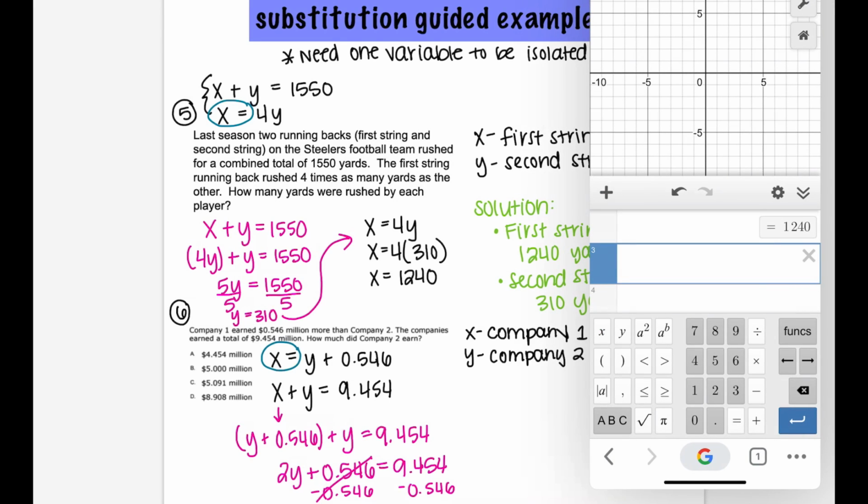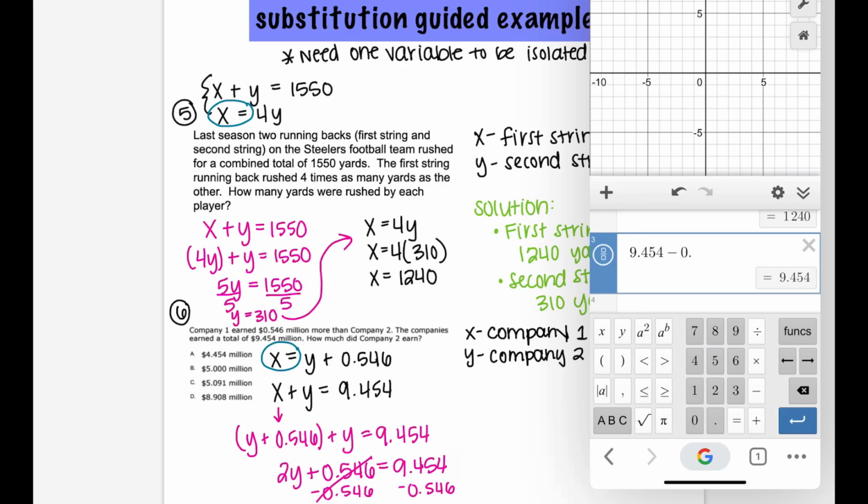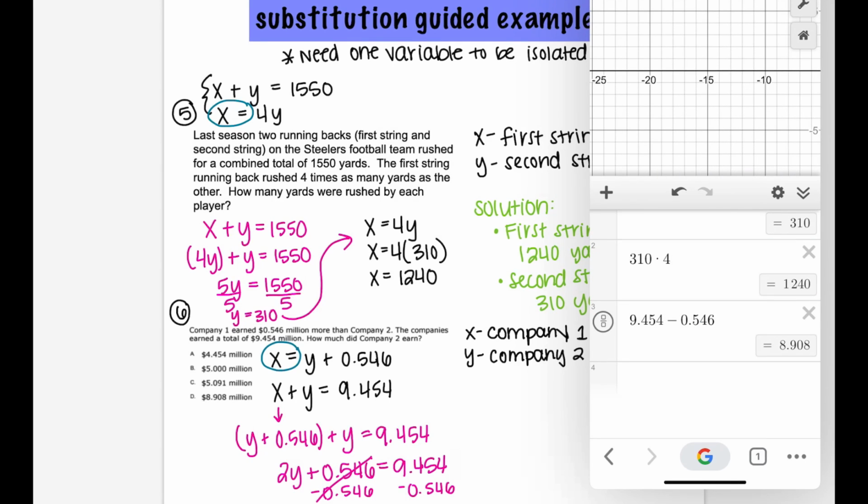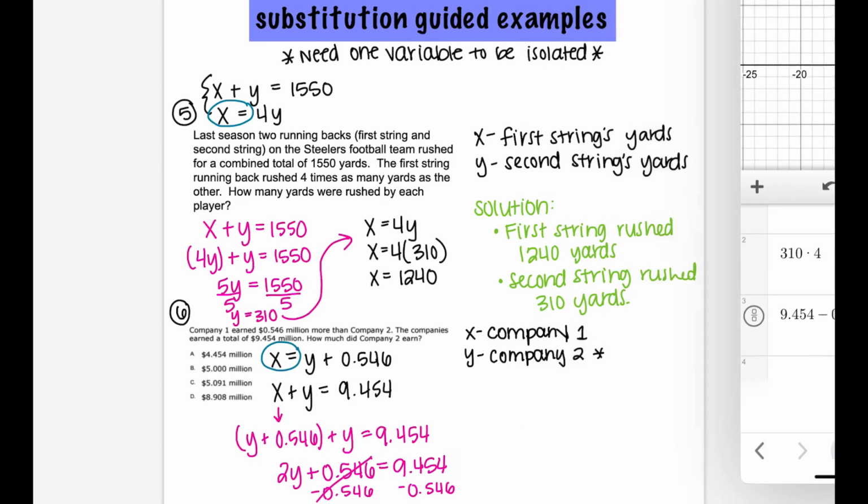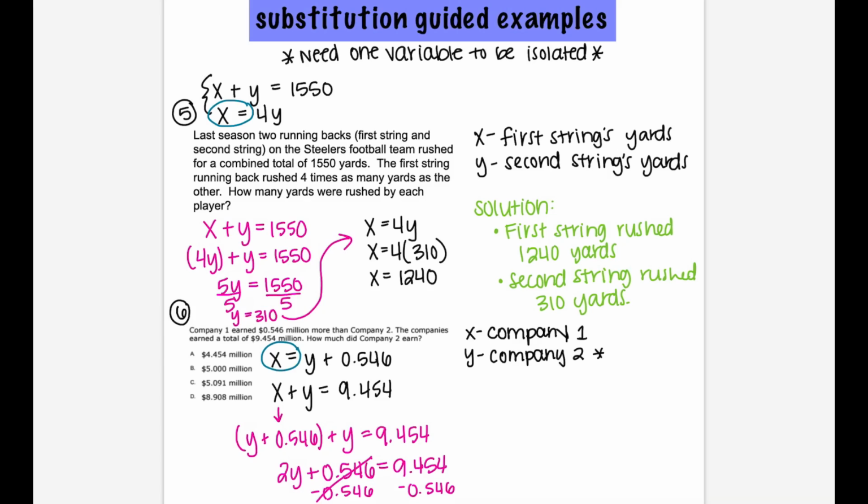It eliminates on the left. All right, so let's see. 9.454 minus 0.546 is 8.908.